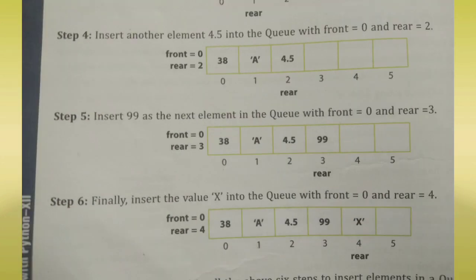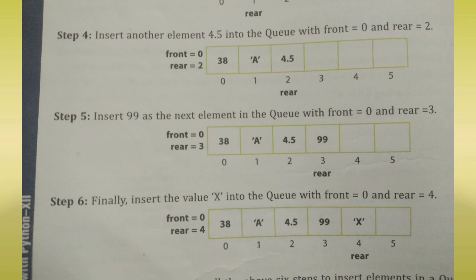Now we move to step 4. Insert another element, 4.5, into the queue with front equal to 0 and rear equal to 2. Front remains 0 and rear is incremented by 1 and becomes 2. We already inserted 38 at the 0th position and A at the first position; now 4.5 is inserted at the second position.